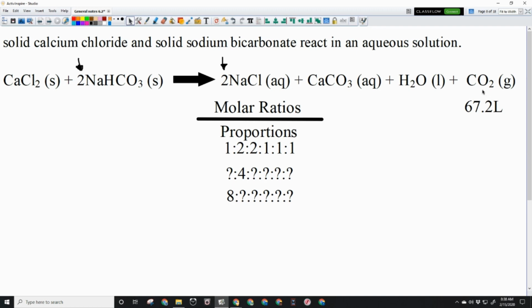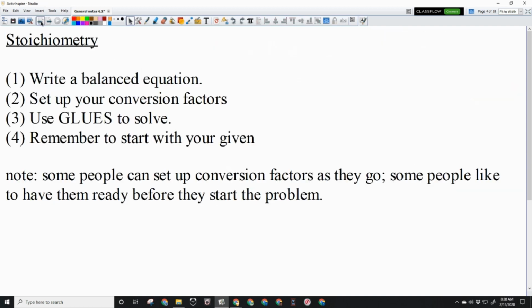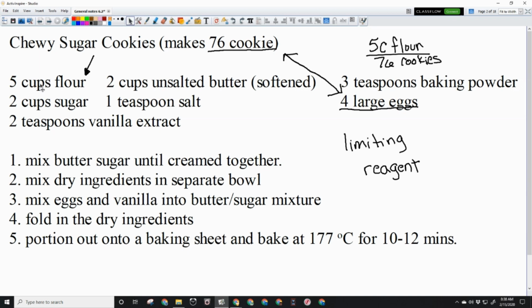Now remember, moles is just a unit of measurement, just a way to measure compounds in chemistry. Just like when you're looking at a recipe, cups is a way to measure flour. Teaspoons is a way to measure vanilla. And as a matter of fact, we could convert all of these to cups. Instead of teaspoons of vanilla, we can convert it to cups of vanilla.